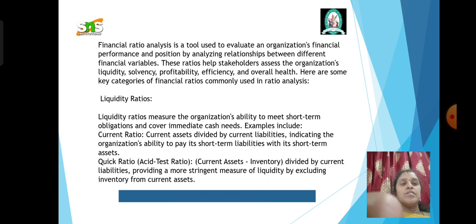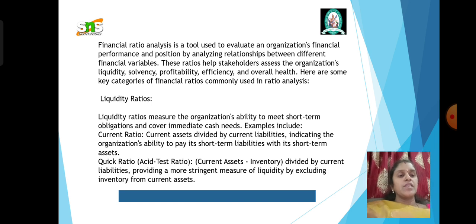For example, it may be the current ratio, which is current assets divided by current liabilities, and another one is the quick ratio, known as the acid test ratio, that is current assets minus inventory divided by current liabilities.